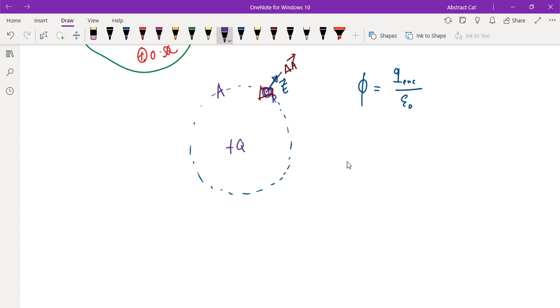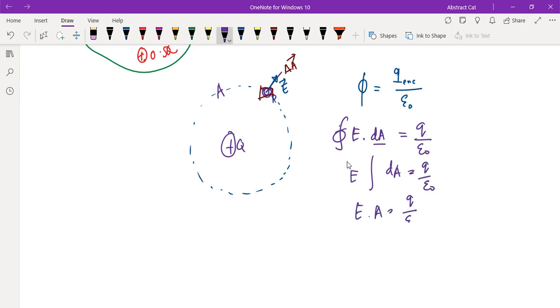If you consider surface charge density, phi equals E dot dA, with the angle between E and dA. If I consider the positive charge, there is a positive flux: the closed surface integral of E dA is q over epsilon naught. E is constant, so outside the integral we have the integral of dA, and E times A equals q over epsilon naught.